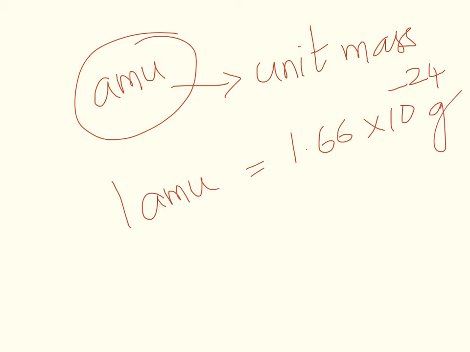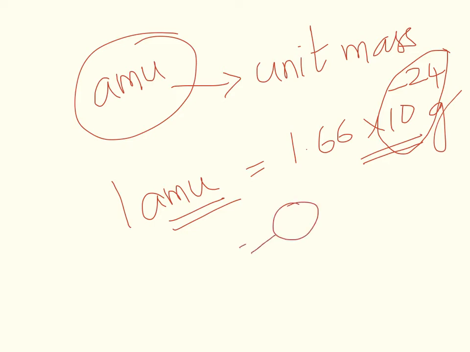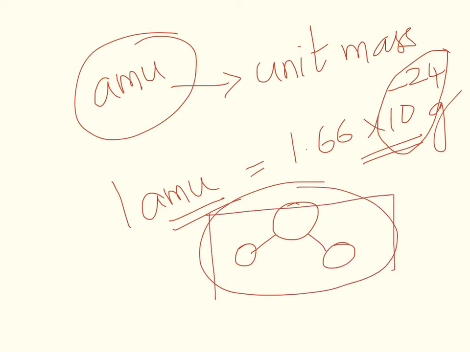Because atoms and molecules are so small, you can't use a gram scale or a milligram scale to weigh them out. So you need a much, much smaller unit, and AMU is chosen. So just one water molecule has a mass of 18.02 AMU.